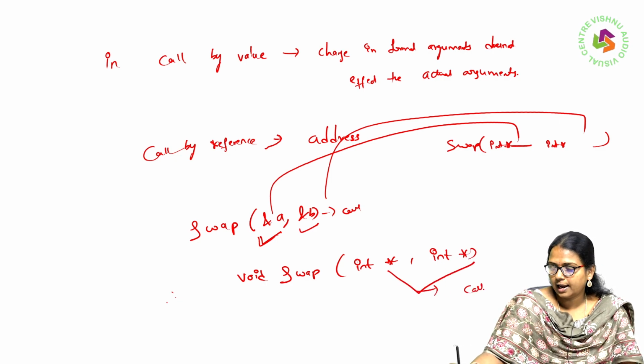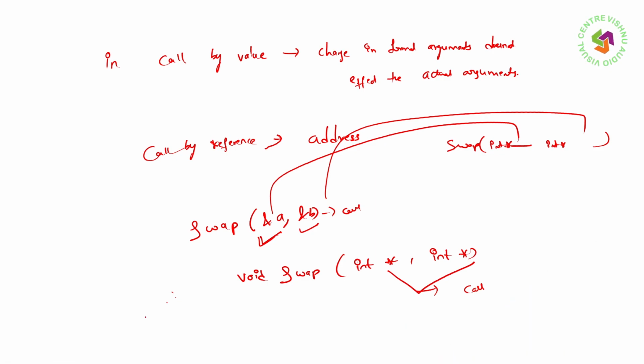Because at the time of the call, we are passing addresses, and the only variable that can store an address is a pointer variable.